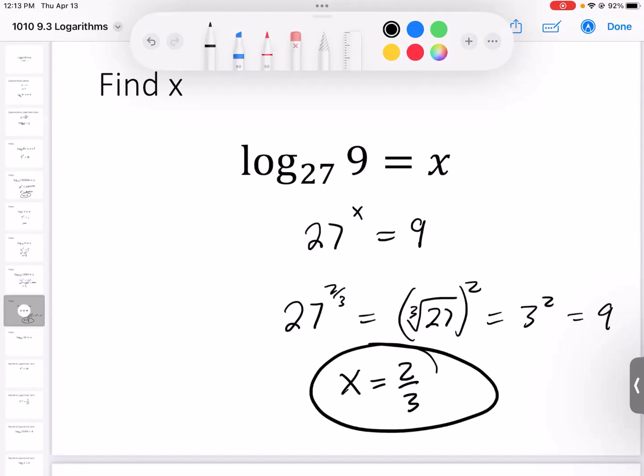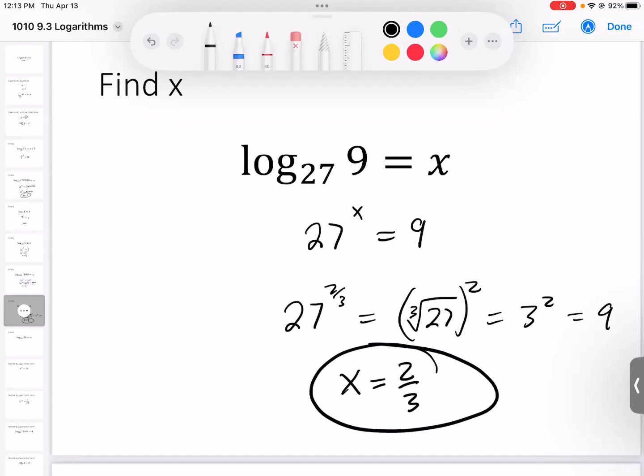Well, that equals 3, but I want my output to equal 9. So if I do 3 squared, then that will equal 9. So I figure out this part of my fraction first, and then I figure out what the top part needs to be. Any questions on that?